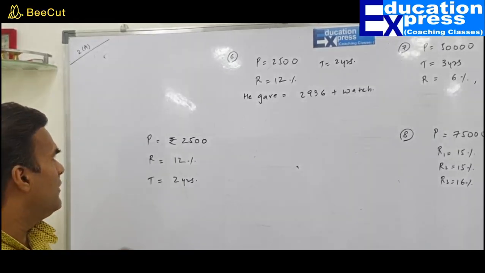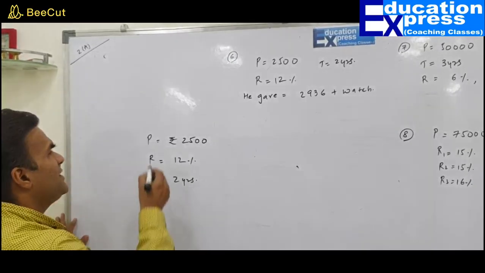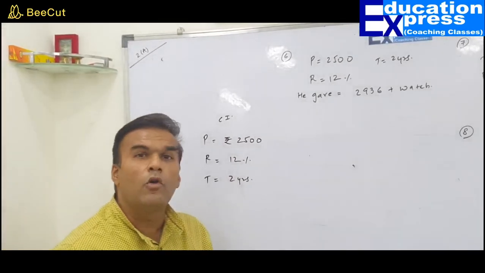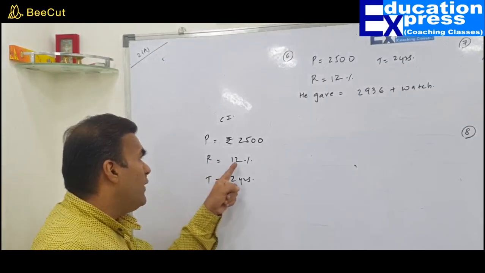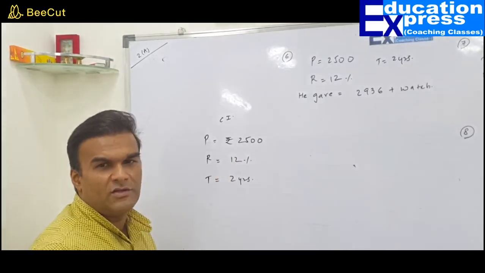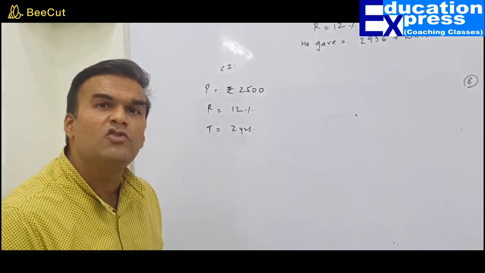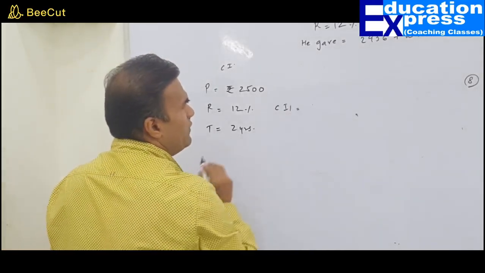Of course, sir. Is it simple interest or compound interest? The answer is compound interest. So someone is borrowing from me 2,500 at 12% for 2 years. Now someone says, sir, if I have to pay you after 2 years, how much do I pay you? So I will say, look boss, first I will calculate interest for the first year.